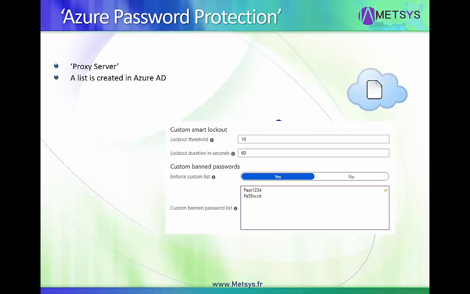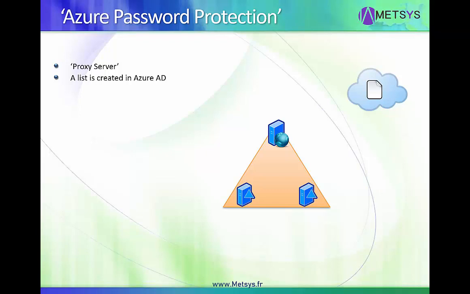So as we can see in the picture, we have pass1234 and PA55W.RD. When we add these two words into this list, nobody else would be able to choose these words as their password. Fair enough. We add words to the list and nobody will be able to choose them. This list will stay in Azure.